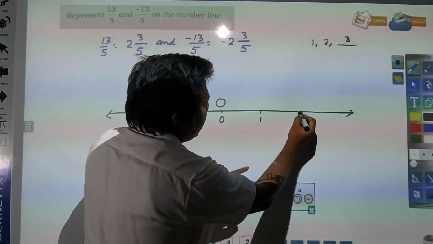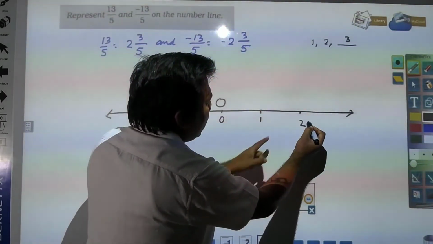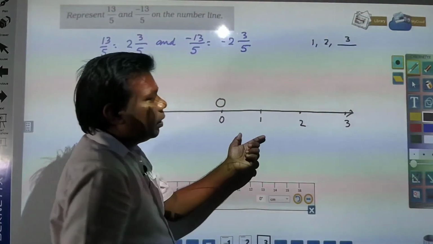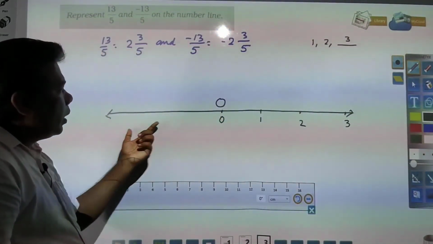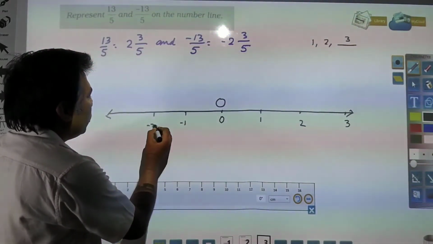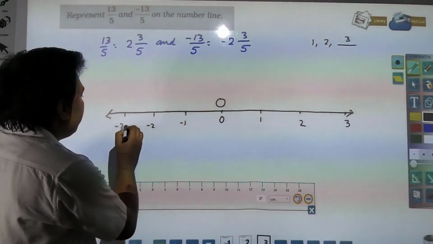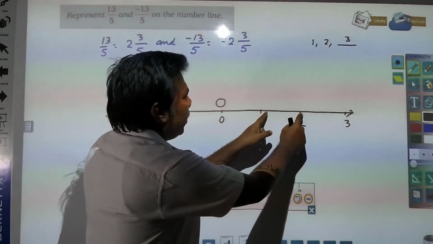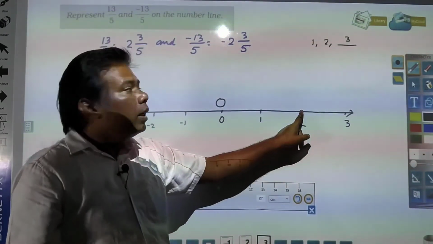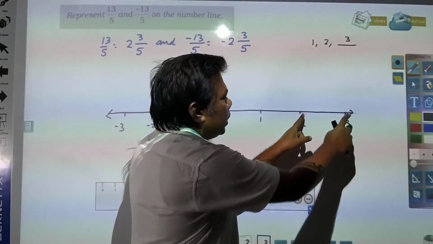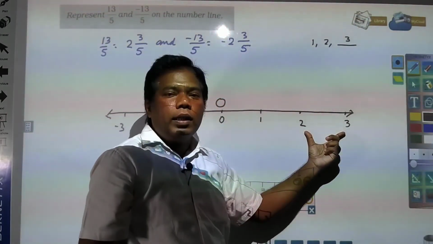The same unit will be taken over here, this is 2, and the same unit over here, this is 3. The same thing is required to be done on the left side, minus 1, minus 2 and minus 3. Now since 2 whole is there, this portion is 2 whole, and you will have 3 by 5 in this portion, in between 2 and 3.